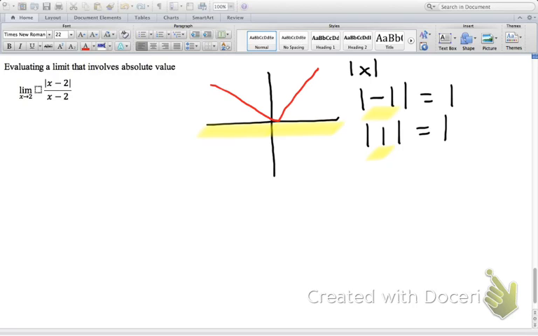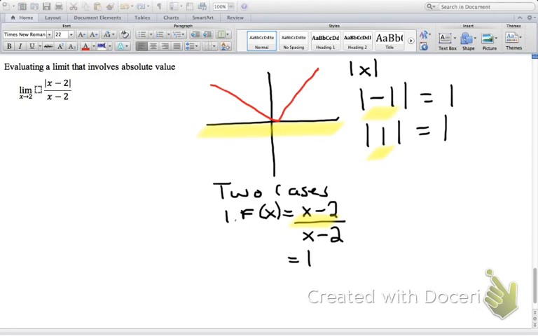So in this case we also have two cases. Case number 1 is that we have f of x is equal to x minus 2 over x minus 2. So when that whole rational function, our polynomial x minus 2, is going to be positive, that would just be equal to a positive 1.